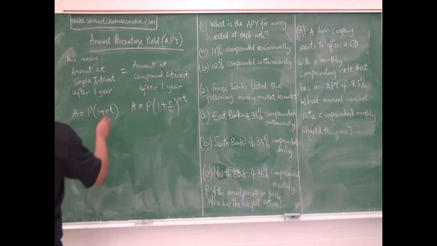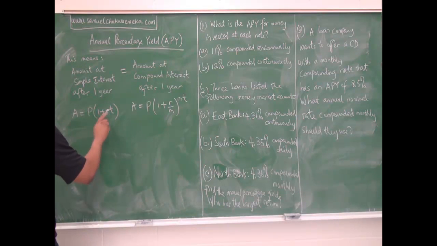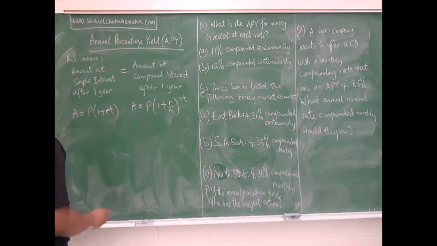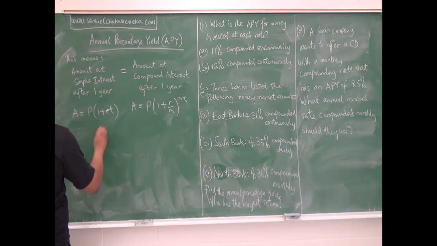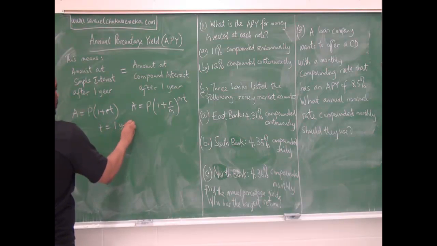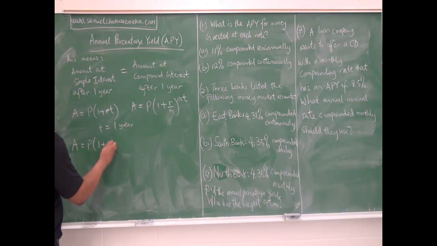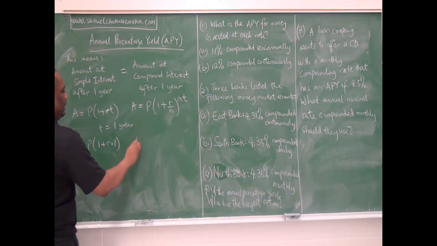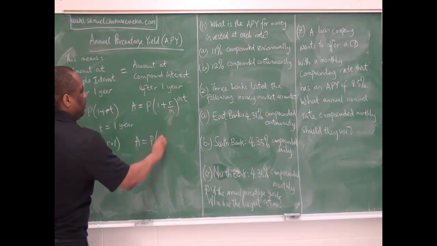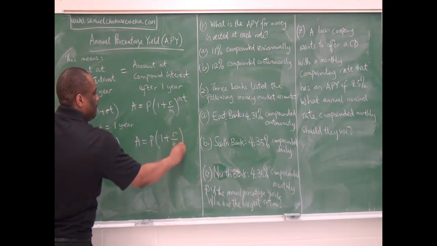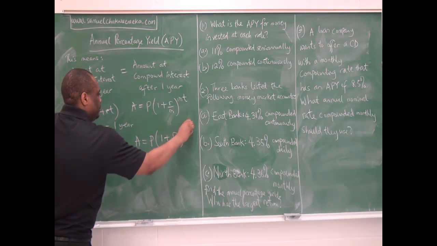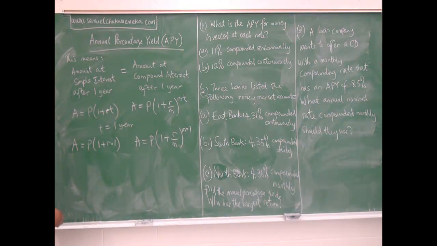So this is the amount, right? After 1 year, if T is equal to 1 year, we have that the amount will be P(1 + R), because this is R times 1. And here will be A = P(1 + R/M)^(M times 1). So here, amount is equal to amount.